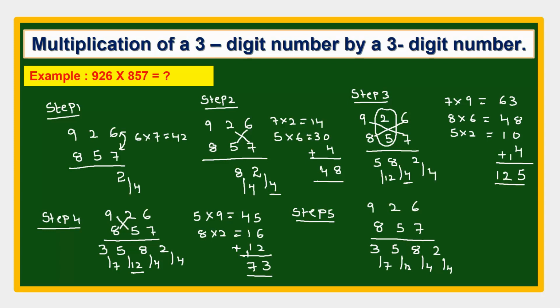Now we have to multiply these two numbers. 8 into 9, 72 and carry forward 7. We have to add here the same: 72 plus 7, 79. So 7 here, 9 here. So this is the product. Right. So 793582 is the product.